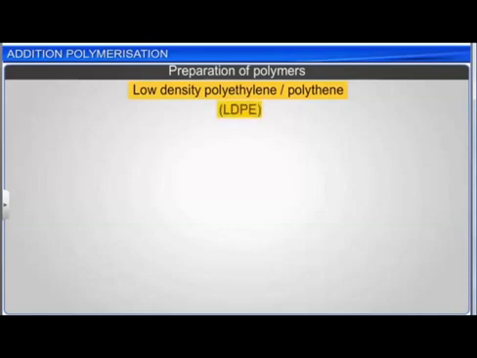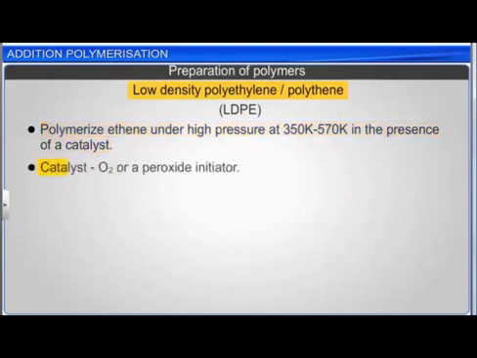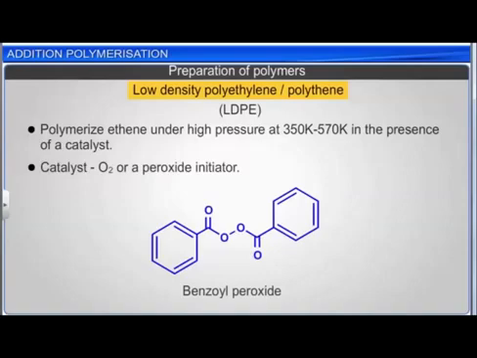To obtain LDPE, it is necessary to polymerize ethene under high pressure in a temperature range of 350 to 570 Kelvin in the presence of a catalyst. Typically, either oxygen or a peroxide initiator, such as benzoyl peroxide, is used as a catalyst.